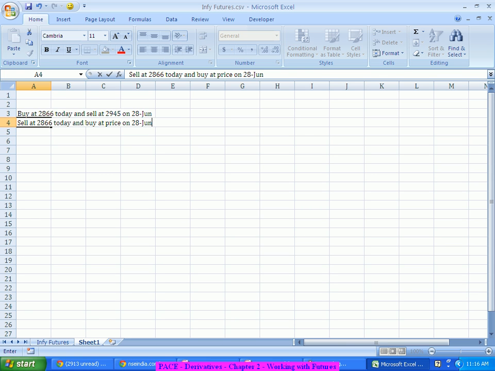Both are possible, right? So depending on today, I may buy it at 2866, and I would get in as a seller in the futures market, which will allow me to sell it at 2945 on that date.